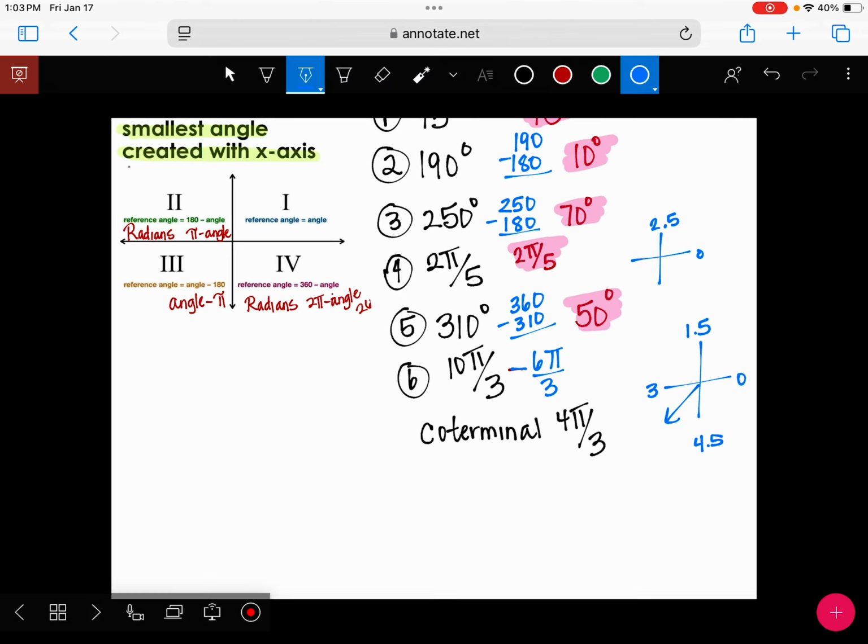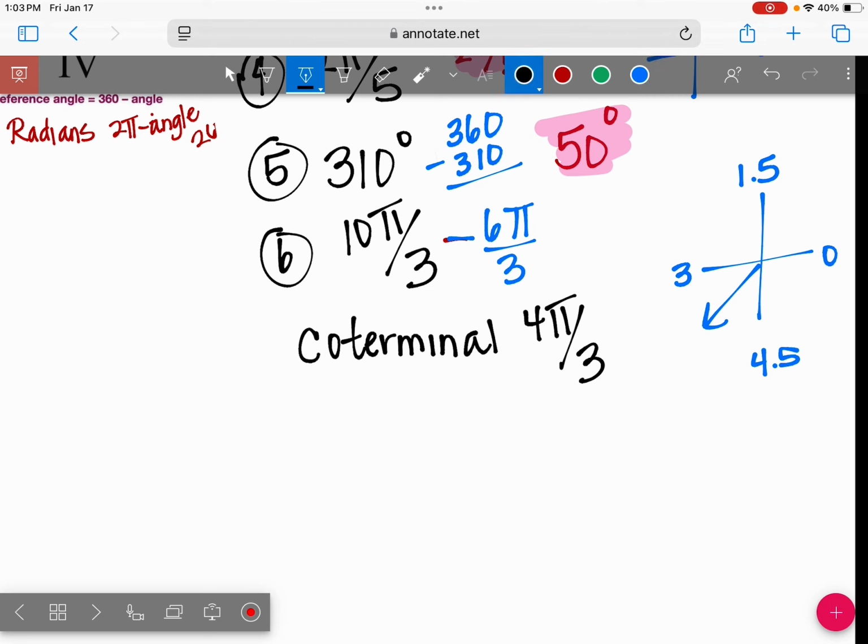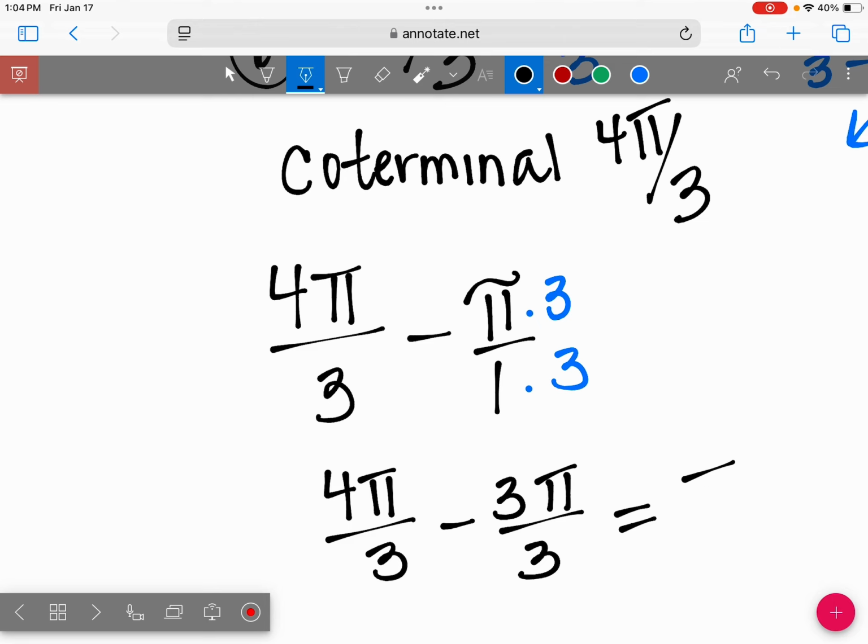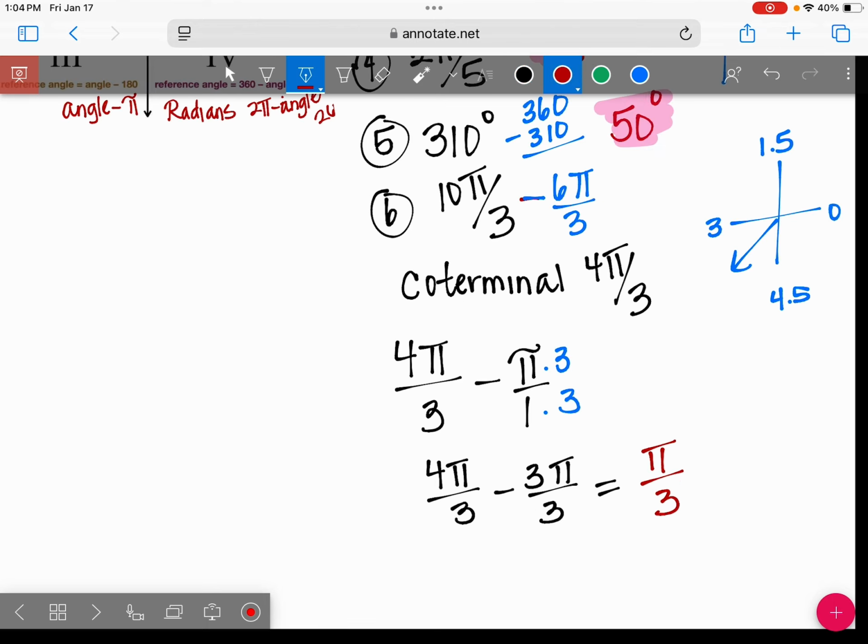So I need to take my angle, 4 pi over 3, and subtract from that pi, because 180 and pi are the same thing. We need a common denominator, so I'm going to multiply this by 3. That gives me 4 pi over 3 minus 3 pi over 3. So that means my reference angle is pi over 3.